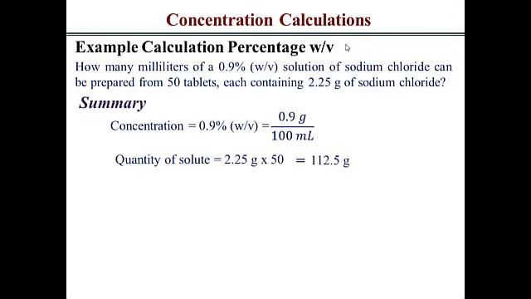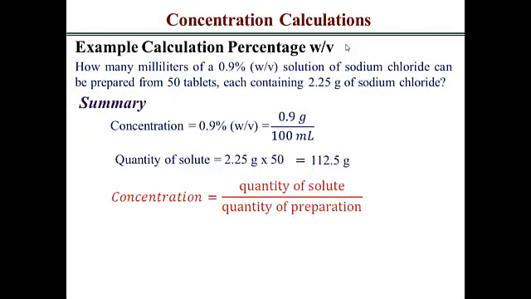So the next thing we need to determine, which has been given to us in parts, is the quantity of solute, right? And it tells us you have 50 tablets and each tablet is 2.25 grams. So you need to determine the total quantity, which is going to be 2.25 grams times 50, and that gives a total of 112.5 grams.